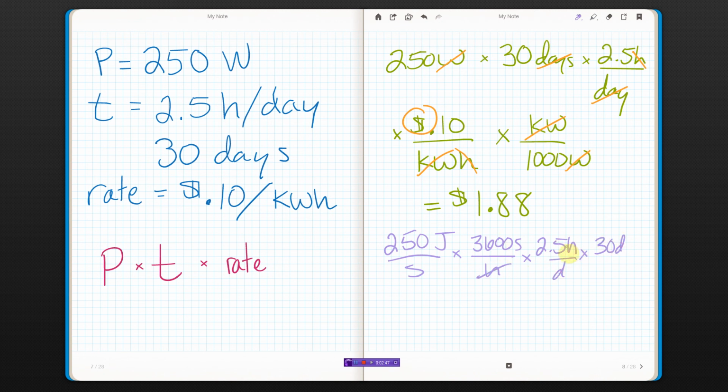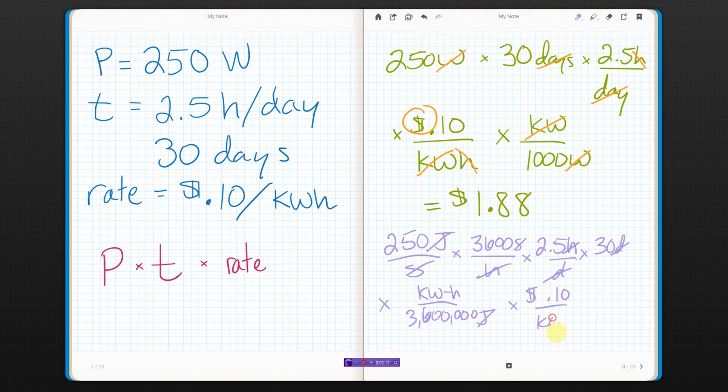When you do this, these hours cancel, and these days cancel, and those seconds cancel, and you end up with how many joules you would use, and then you multiply by how many joules are in a kilowatt hour, because a kilowatt hour is a unit of energy, just like joules are, and that ends up being 3,600,000 joules. So the joules cancel, and now you have kilowatt hours, and you multiply by the 10 cents per kilowatt hour.